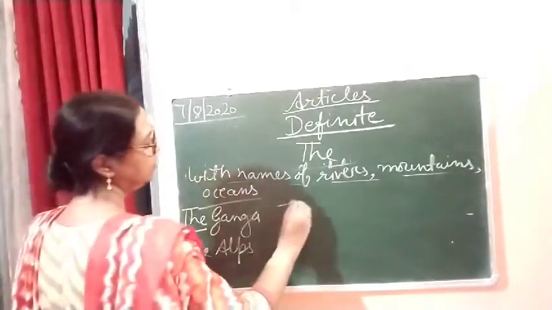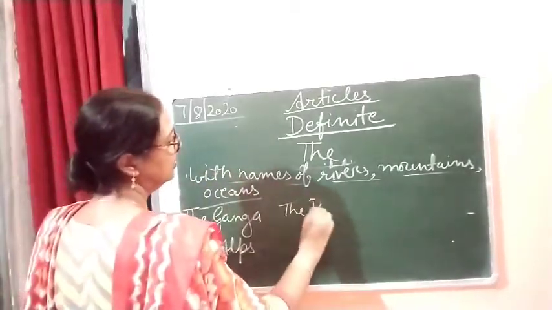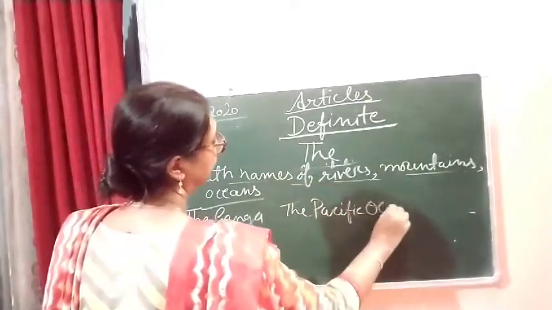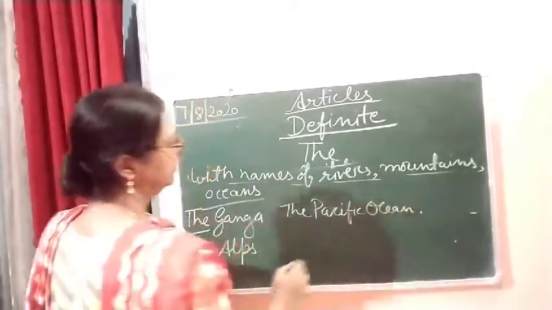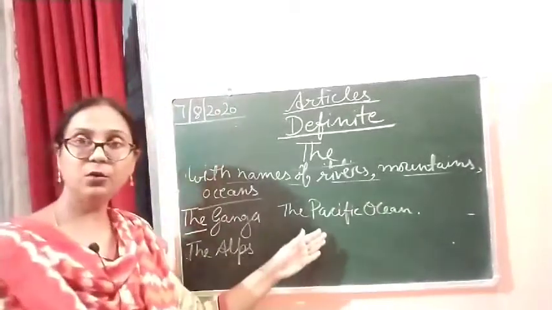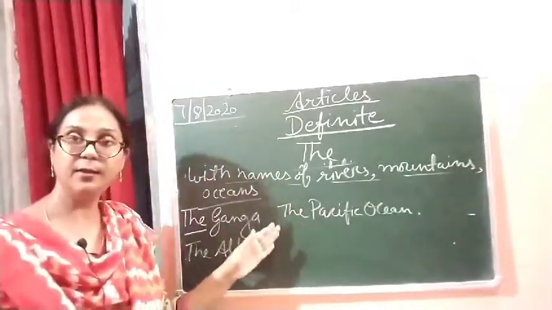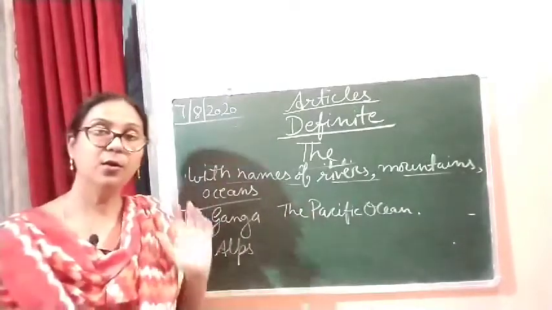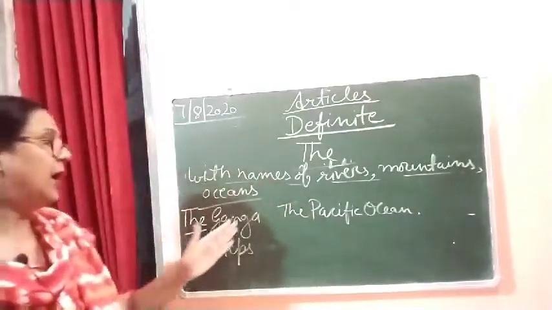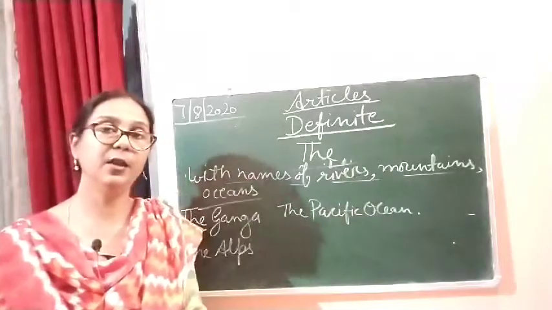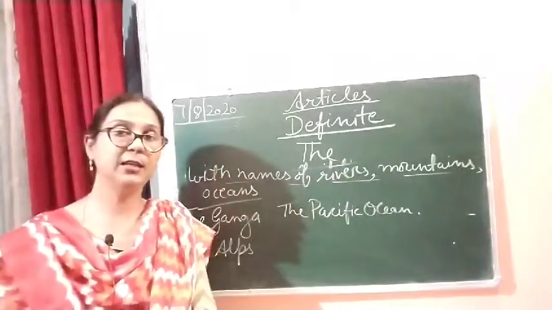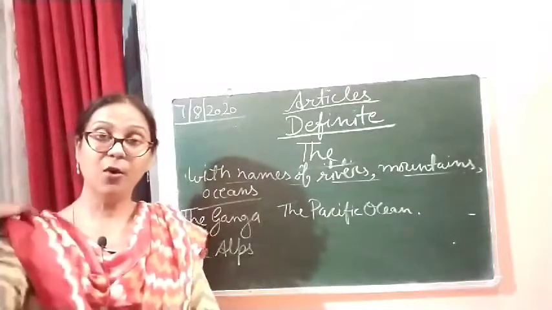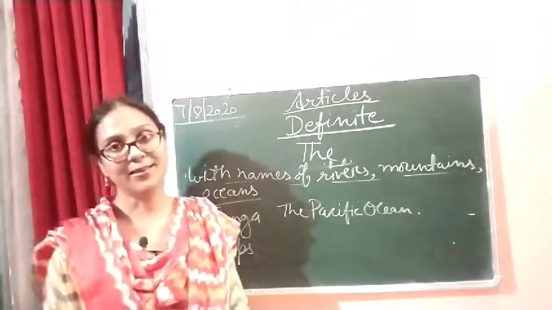Oceans: the Pacific Ocean, the Atlantic Ocean. So every ocean, river and mountain name takes the. We should always keep this in mind.